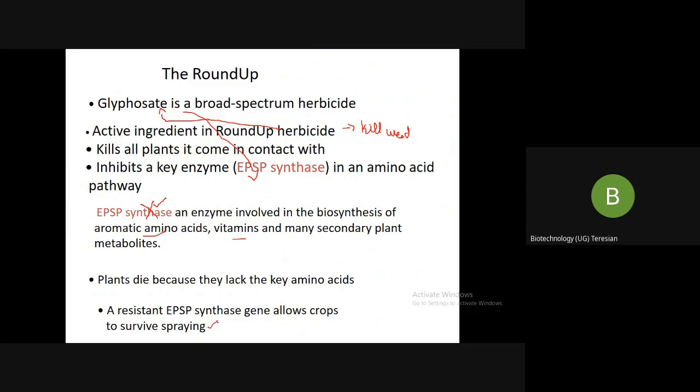So what you have to do as a scientist is generate a plant whose EPSP synthase enzyme is resistant to this glyphosate, or in turn resistant to the Roundup. How is that done? We shall see now.